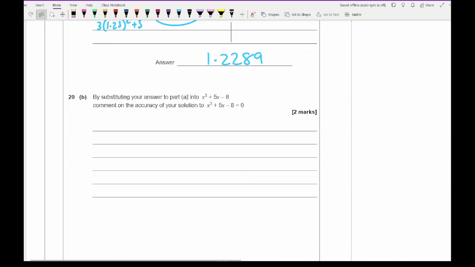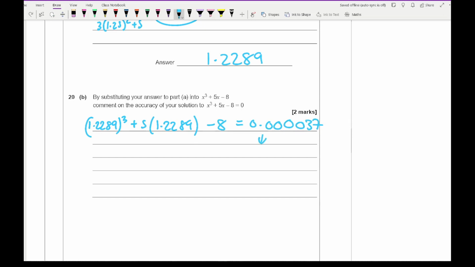So for question 20b, it says by substituting your answer in part a into x cubed plus 5x minus 8, comment on the accuracy of your answer to x cubed plus 5x minus 8 equals 0. Well, if I substitute it in, so if I do 1.2289 cubed plus 5 lots of 1.2289 minus 8, it gives me an answer of 0.000037, and that is pretty good.